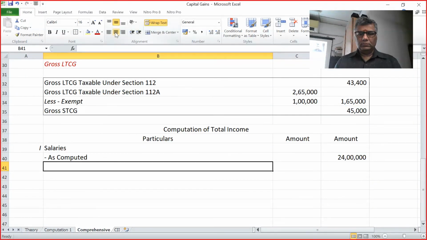Computed means they have given standard deduction, everything we have to take as it is.